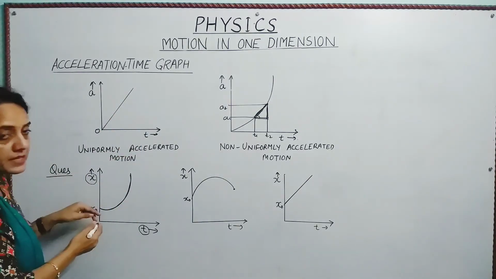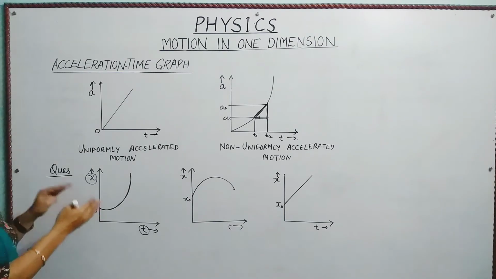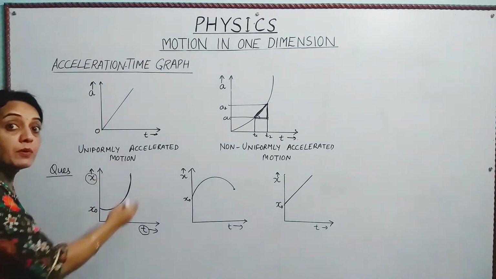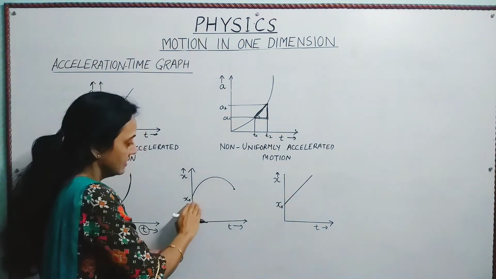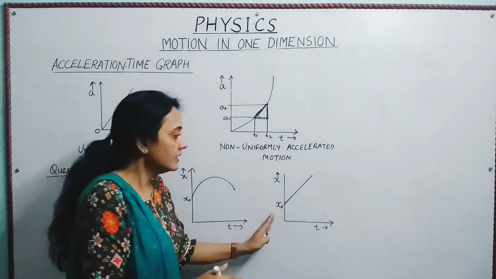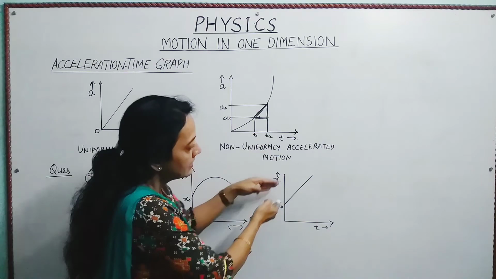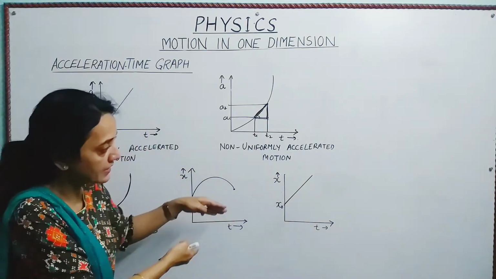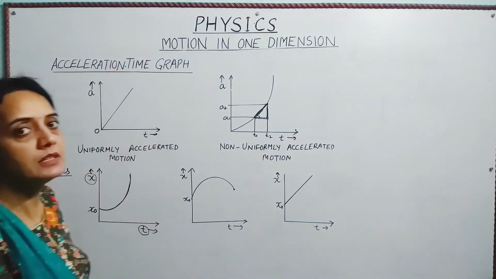So this is the position-time graph for accelerated motion, with positive acceleration here. Here I can say acceleration is negative, as the distance is gradually decreasing. Here this is the position-time graph where acceleration is 0, because position is uniformly increasing.